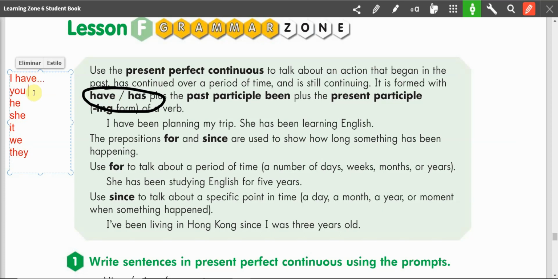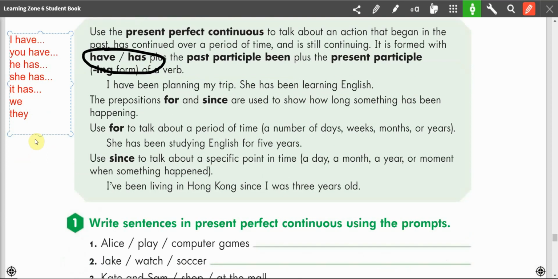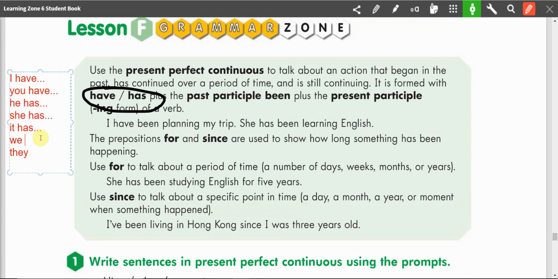For you, you always use have. And remember, you is singular and plural, so I'm not going to put it twice because it's the same. You have. He has. She has. It has. And then you will say, we have, and they have. So only he, she, or it, when you're in the third person, use has. Everything else uses have. All right, so that's that part of the verb.